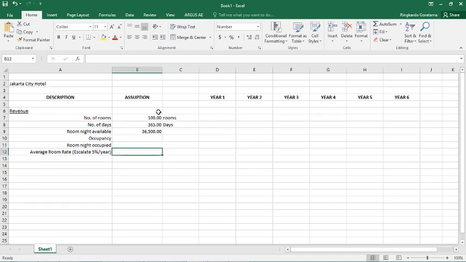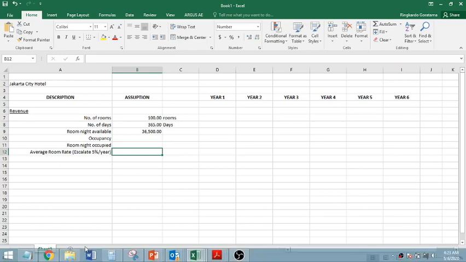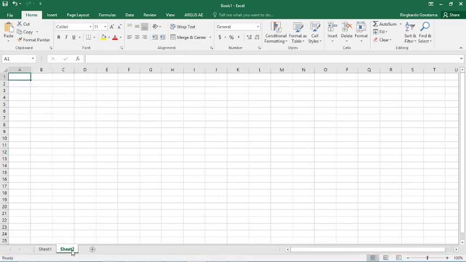Okay, so let's see. First, we want to analyze the historical data of the hotel. So let's put historical data. This is the historical data of Jakarta City Hotel.